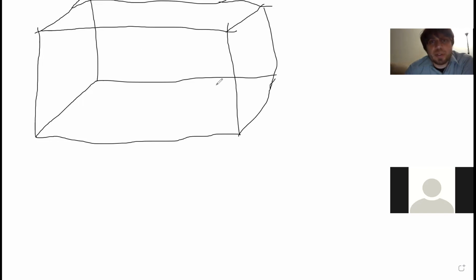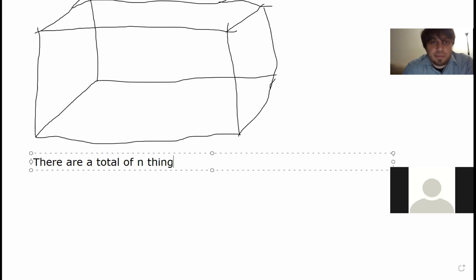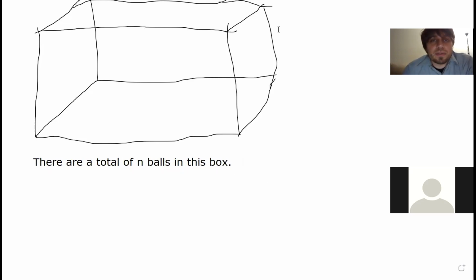What we want to do is there are a total of n things in this box. Let's go with balls. So let's say first we want to choose n1 things for group 1.